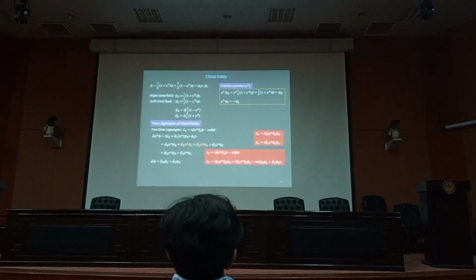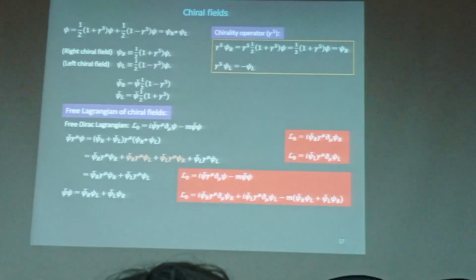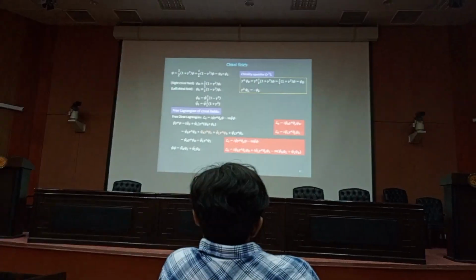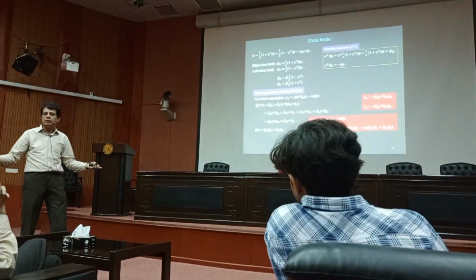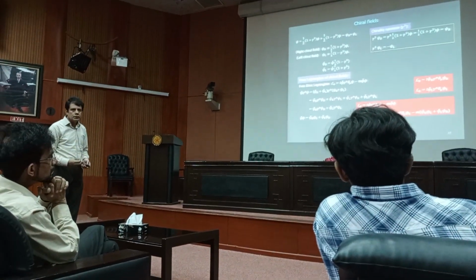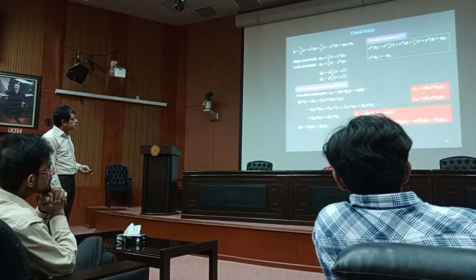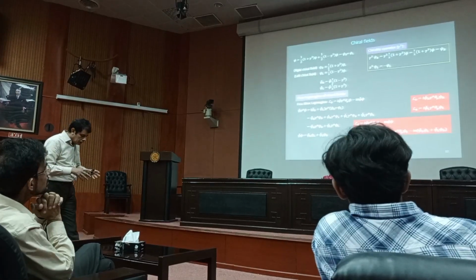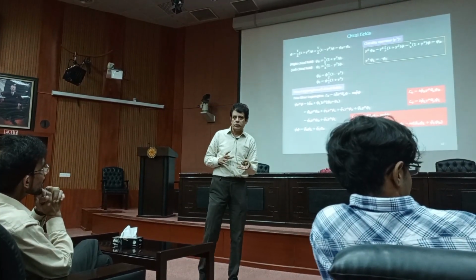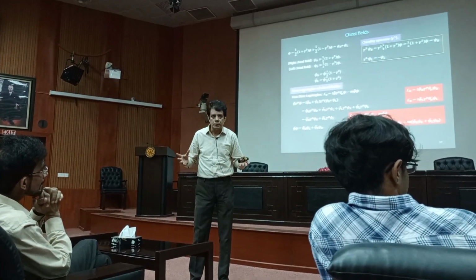We need both of them if the mass is not equal to zero, because the mass term couples them. But if the mass is zero, you can construct the Lagrangian from either the right chiral field or the left chiral field. But the most important thing which we have to carry from this slide is the following. Sometimes we impose an internal symmetry which is called chiral symmetry.